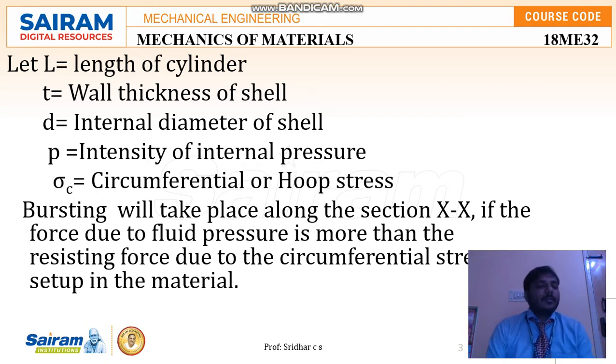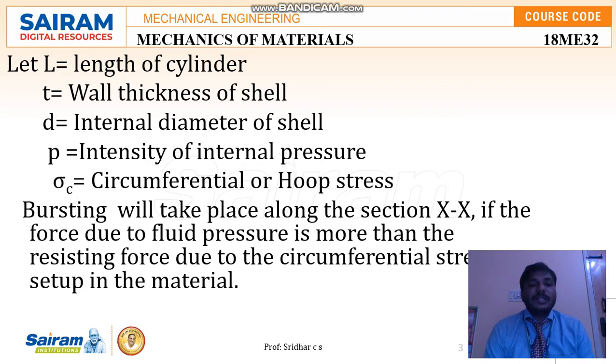L is normally the length, and the thickness of the shell is very important. Based on the diameter, the thickness of the shell is determined. The main thing about the thickness is that it must withstand the internal pressure created by the liquid or gas inside the cylinder.